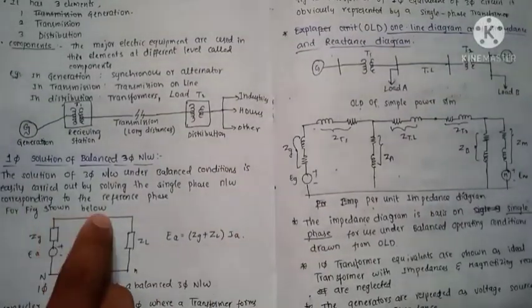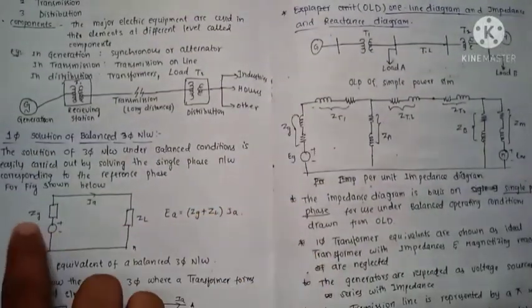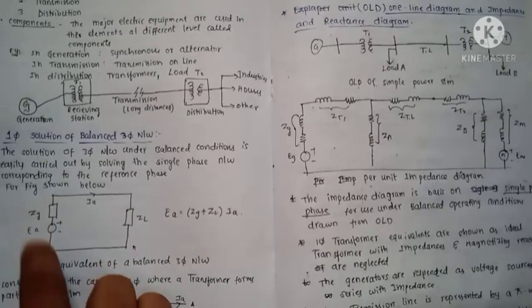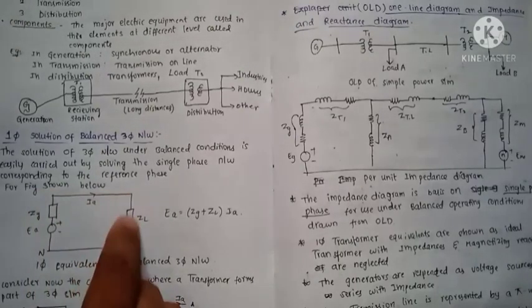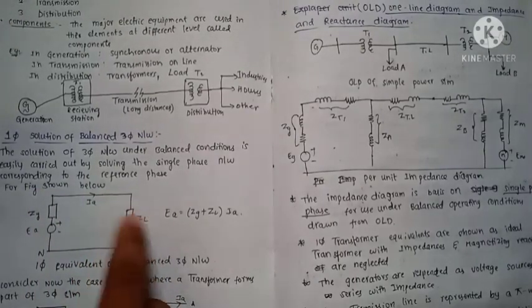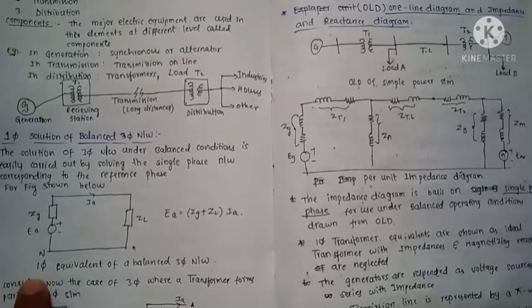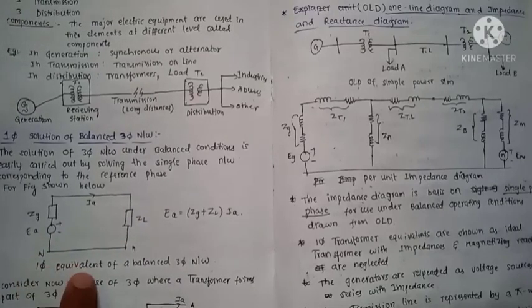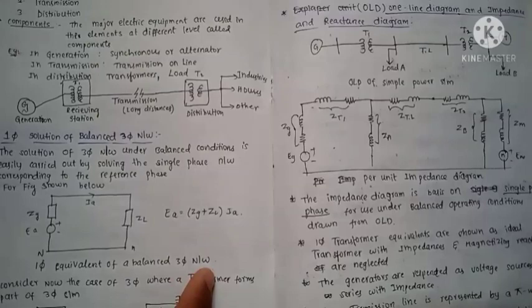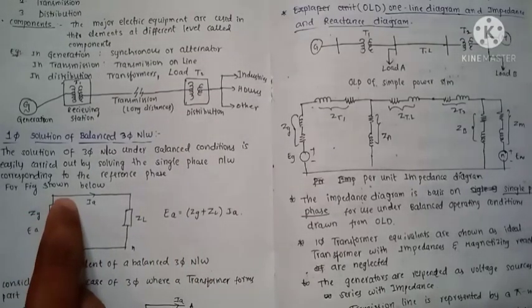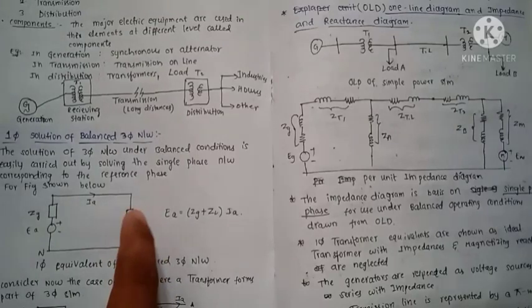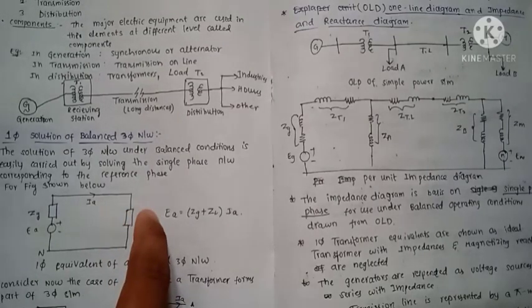For the figure shown below, they gave the impedance of the generator connected in series with a voltage source, and Ia is the current flowing in the circuit, ZL is the load impedance, and this is the neutral axis. This figure constitutes a single phase equivalent of a balanced three phase network. We know that generators are generally three phase, and a load we also sometimes connect as three phase.